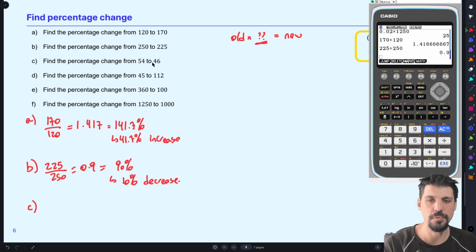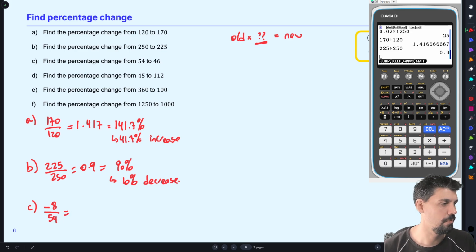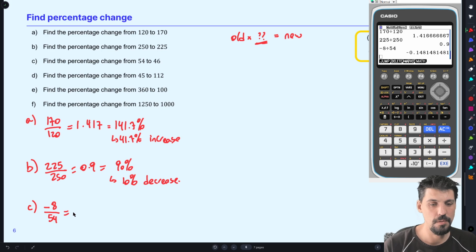So 54 to 46, we've gone down by 8. Divide that by the old. Minus 8 divided by 54 is minus 0.148, and that is minus 14.8%.